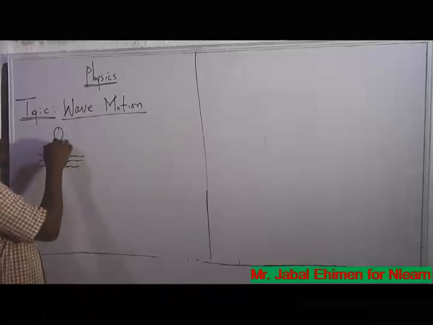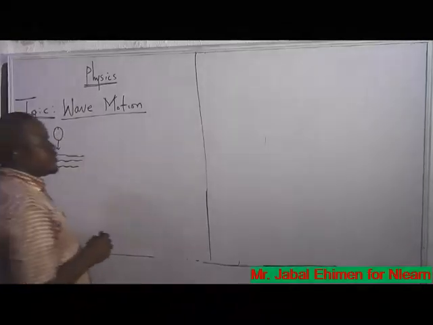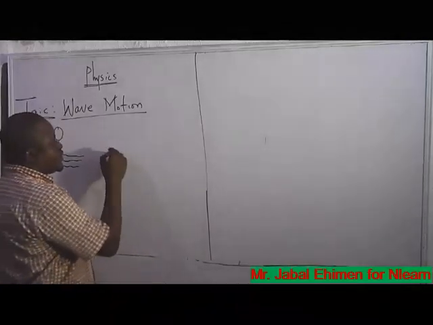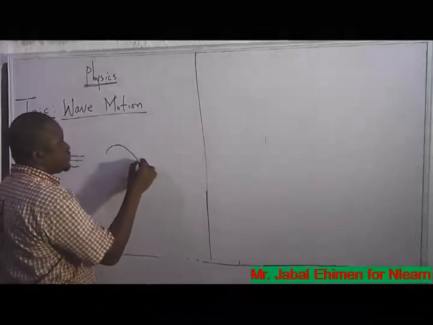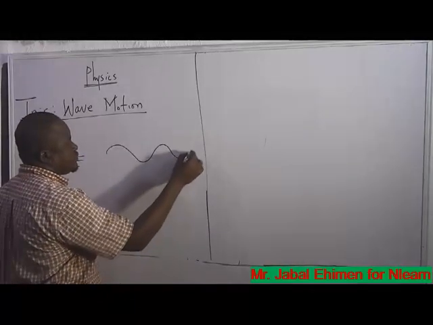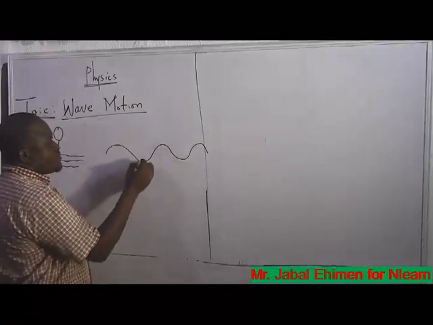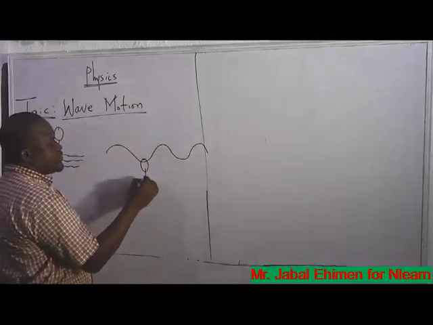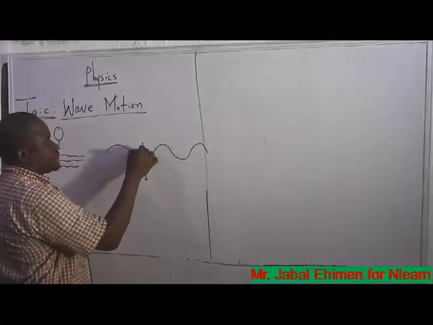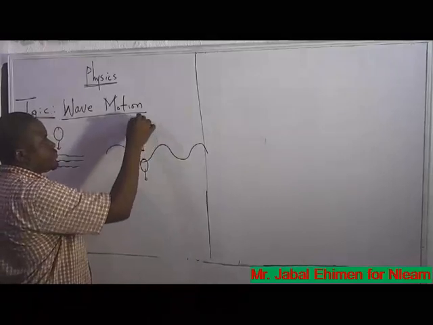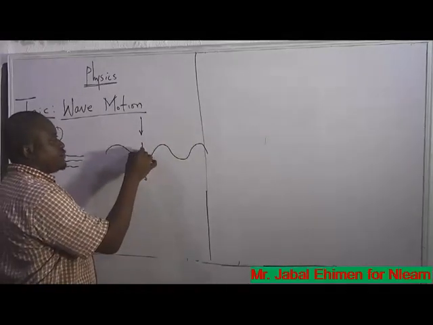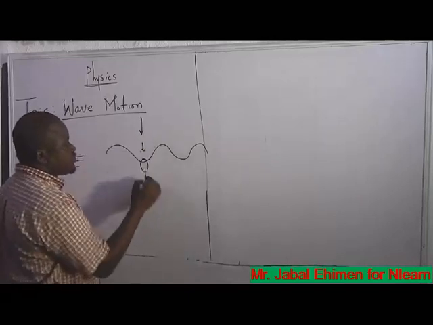By the time you drop that stuff inside the water, something will happen. It will create something that looks like this, where the impact of that thing goes beneath. So it drops down, it will create something like this.